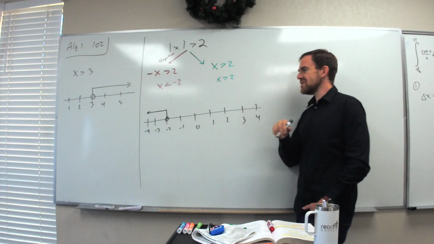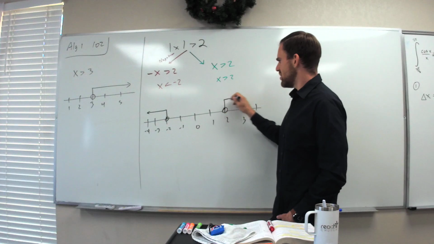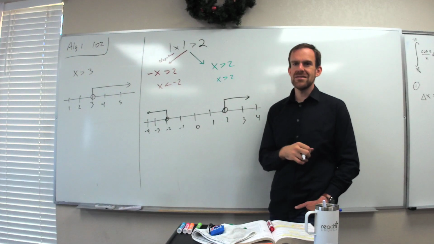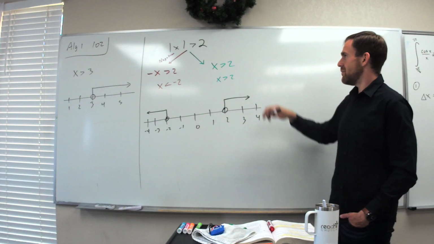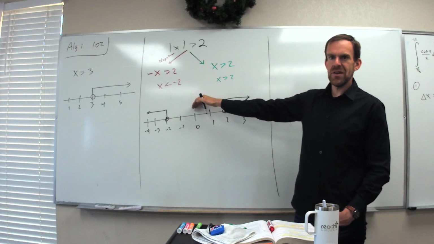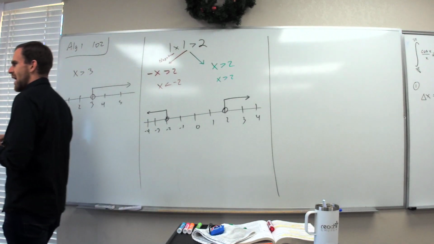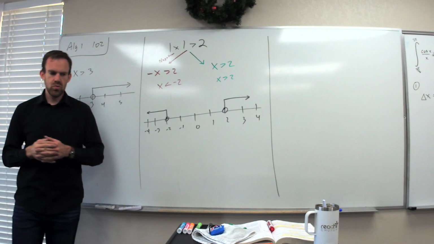How do I graph x is greater than 2? Open circle at 2, and arrow to the right. You have been practicing these for a long time, so we are not surprised. Everything from here down, you've already been doing. Now we're adding the extra step of eliminating the absolute value.